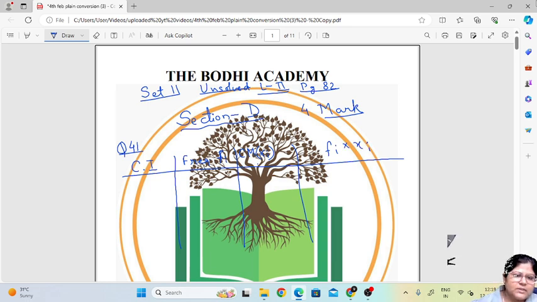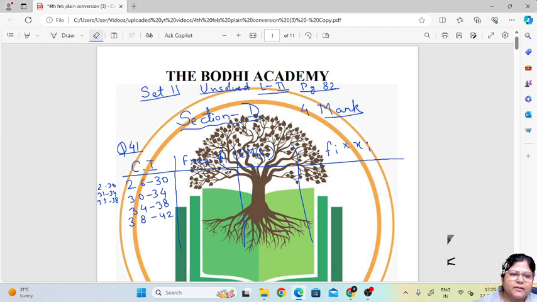Now CI, the class interval, is 26-30, then 30-34, 34-38, 38-42. For this question, first you have to check whether the table given to you is continuous or not. Continuous means 26 to 30, 30 to 34. Sometimes in the question it is given 26 to 30, then 31 to 34, then 35 to 38, which is not continuous.